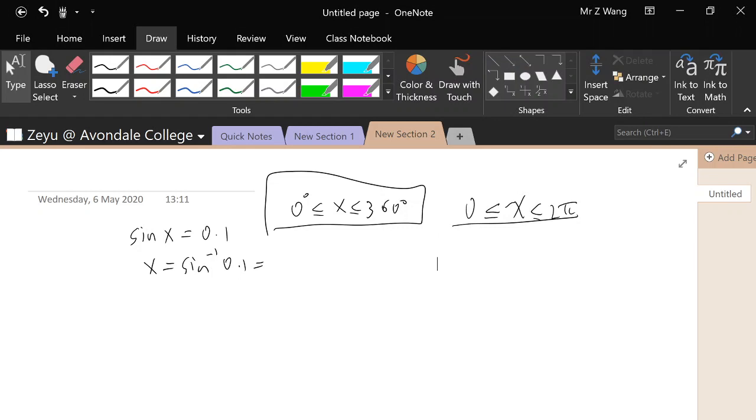Okay, I'll grab a calculator. If you press sine inverse, the answer will give you 5.73 degrees.